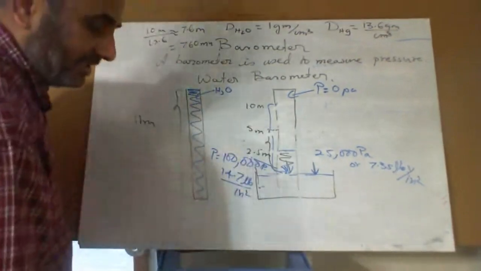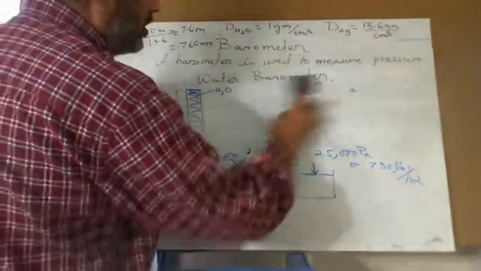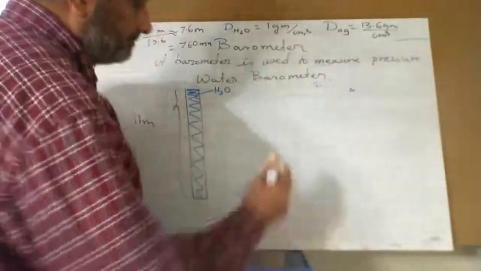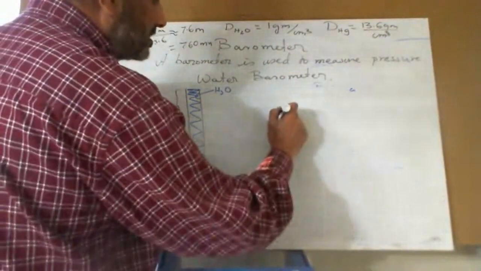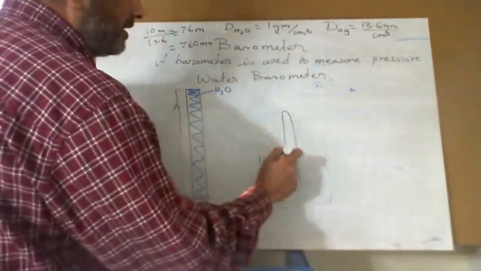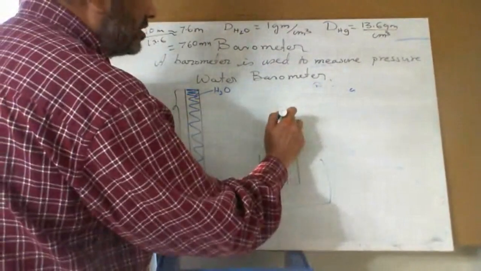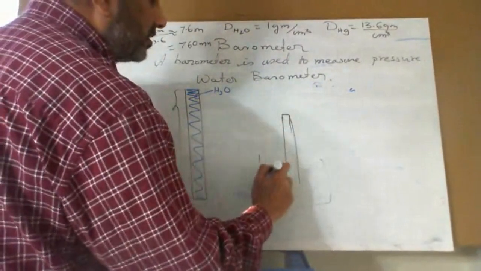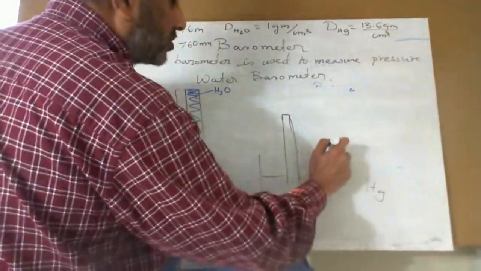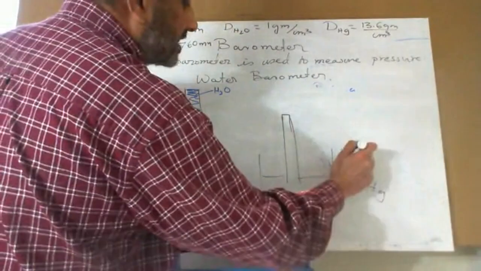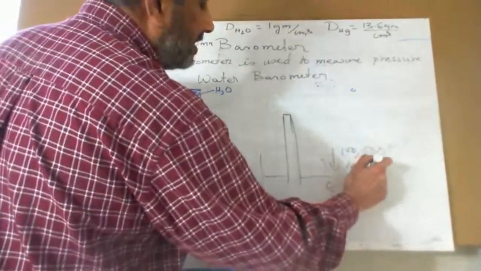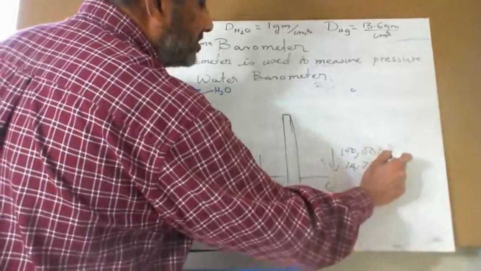So instead of having this, we use what we call a mercury barometer. A mercury barometer is a slim tube filled with mercury, and when the outside pressure, so this is mercury, Hg, when the outside pressure is 100,000 pascals, or 14.7 pounds per square inch.